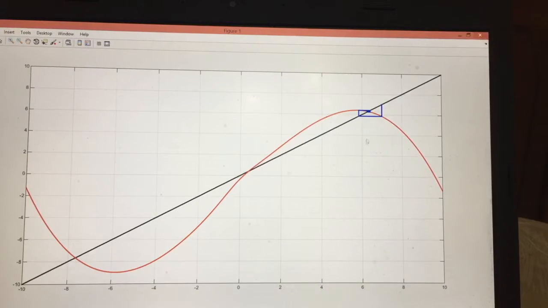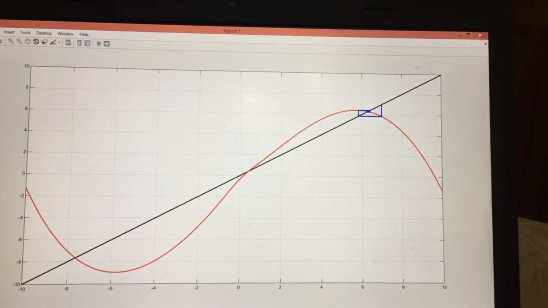If we start anywhere in this range, we started at 7, it came back to this point and this point, so it converged to the solution. We had no problem here. We managed to find a solution at this unstable point. Now this point here became stable.